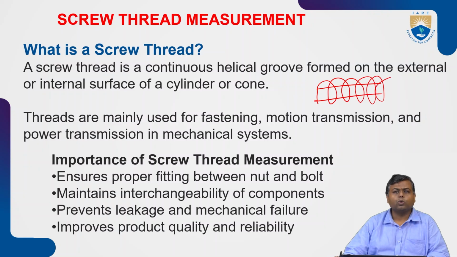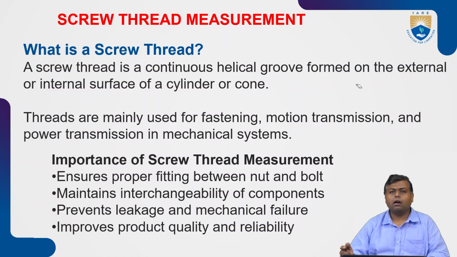The thread can be on the external or internal surface of a given cone or cylinder. These threads are mainly used for fastening, motion transmission and power transmission in all mechanical systems.